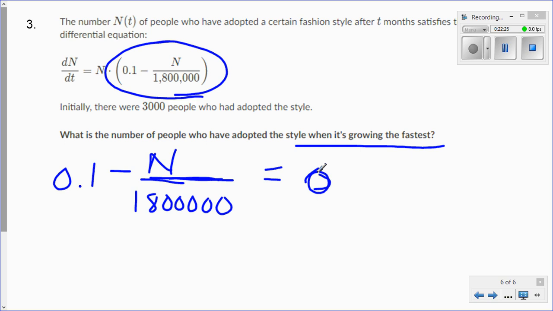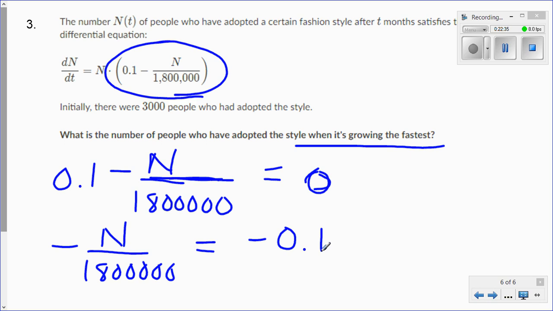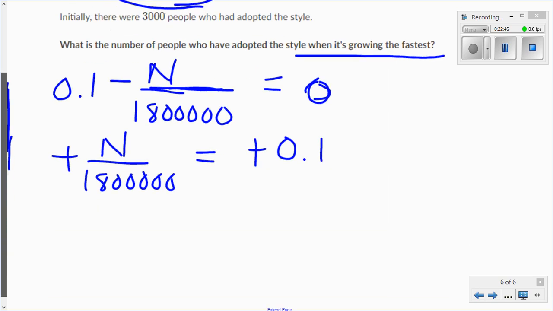Okay, so again, I'm going to subtract 1/10 on each side. And then we'll divide by -1 to get rid of those negatives. And then we're going to multiply by the 1,800,000 on both sides.